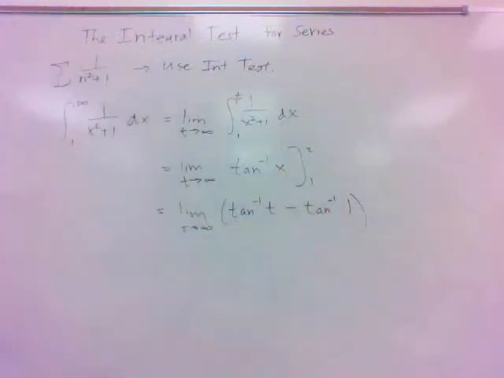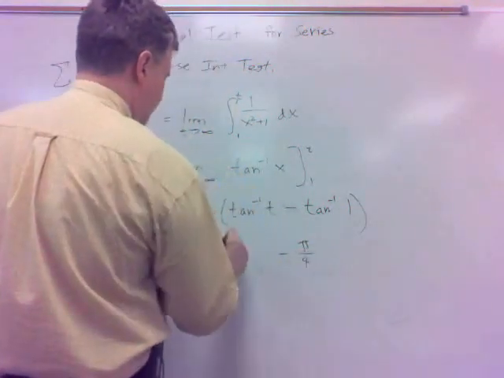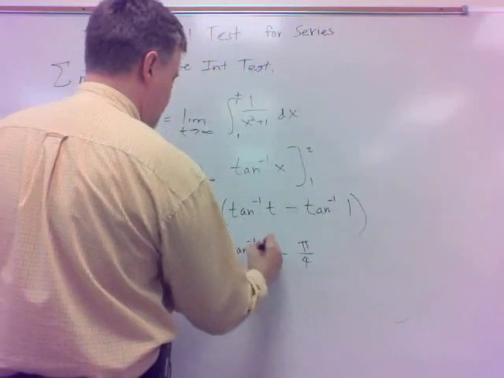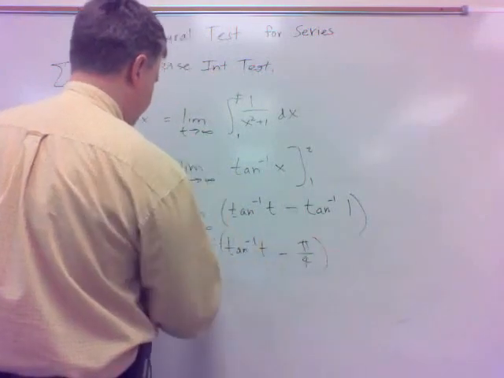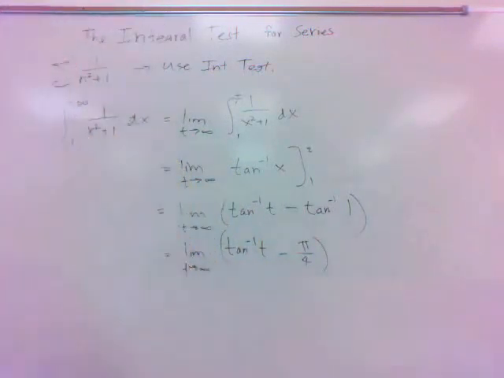What's the tan inverse of 1? What angle gives you tangent of 1? You thinking pi over 4? Pi over 4, okay. So it's minus pi over 4. That's just a number. So we have the tan inverse of t minus pi over 4. Is that also infinity? No, it isn't.